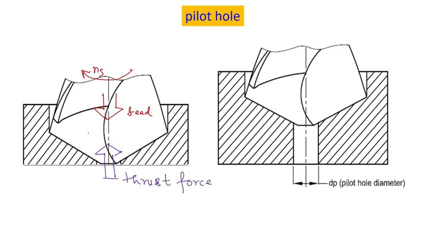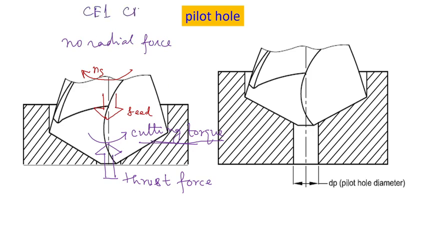And there would also be a cutting torque which would be coming. Okay, there would be no radial force, because radial force generated by CE1 would be cancelled by CE2. So these two will cancel each other, so there would not be any radial force.